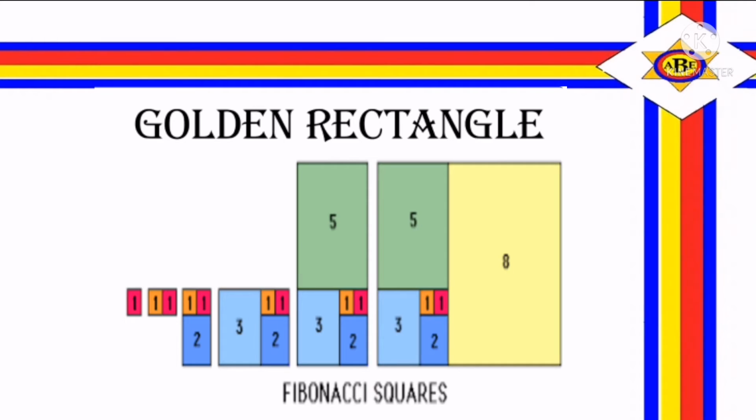As you can see on the figure, we start from 1, followed by another 1. So we have 1, 1, then 1, 1, 2, then 1, 1, 2, 3, then 1, 1, 2, 3, 5, then 1, 1, 2, 3, 5, 8, and so on and so forth. So this is the representation of the golden rectangle.